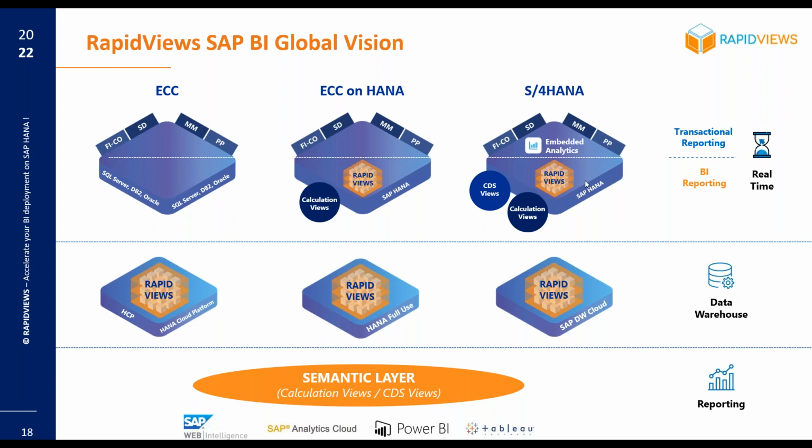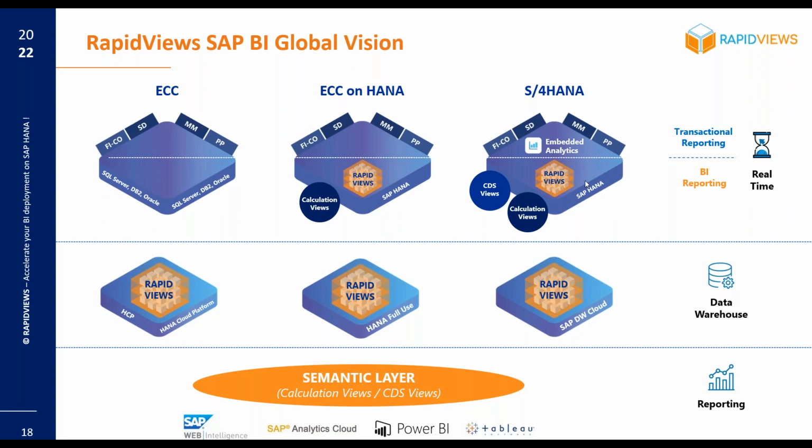Embedded analytics gives transactional reporting directly through the Fiori portal and the Fiori tiles to the end user to manage or follow the activity. Rapidviews, via a BI reporting tool, gives access to data to create customized analyses and to follow KPIs with hierarchy components to drill down and drill up.